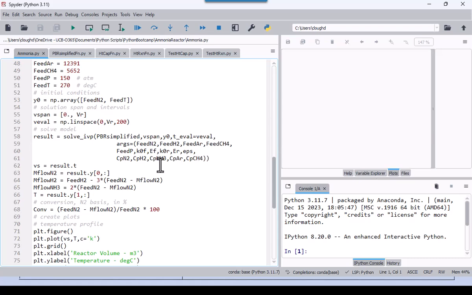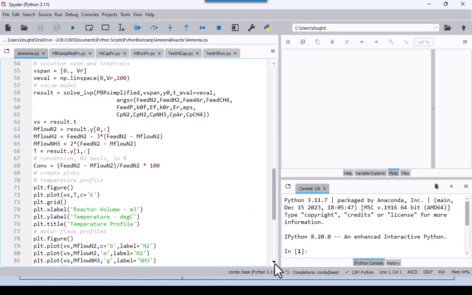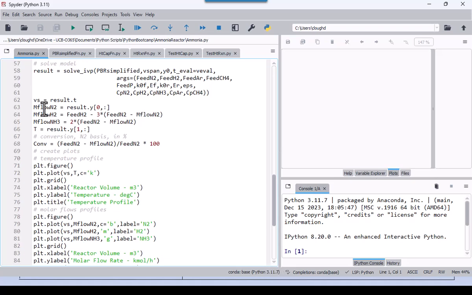So we add them in an args list to the end of our call of the solve IVP function. And when it's done, we come out at the end here and we get our individual volumes going down the reaction from the T parameter in our result object.